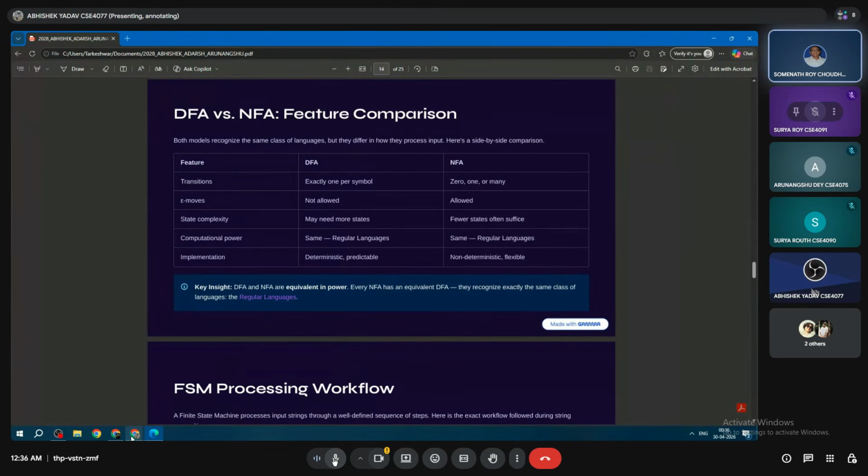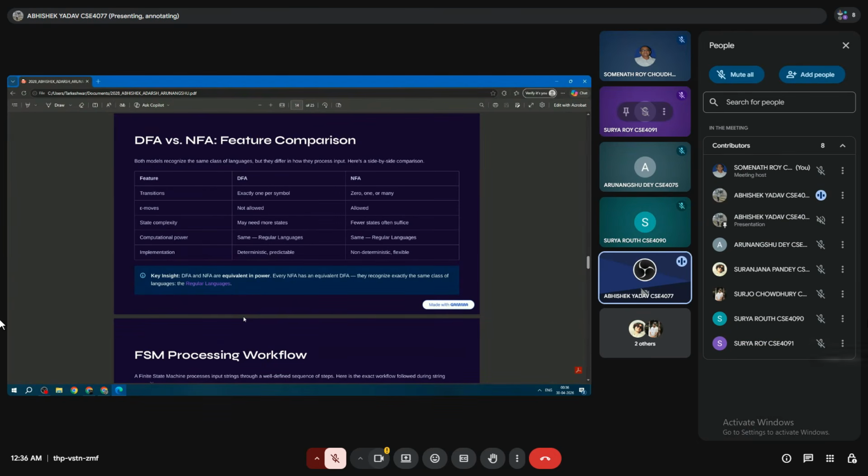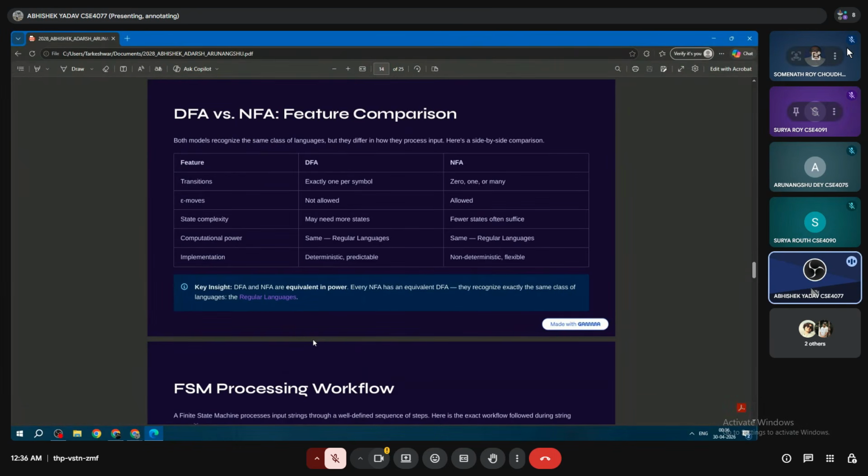Yes, please carry on. Okay, so moving on to the next slide, we have the difference between DFA versus NFA. Both models recognize the same class of languages, but they differ in how they process input. In terms of transitions, DFA has exactly one per symbol, but NFA has 0, 1, or many.